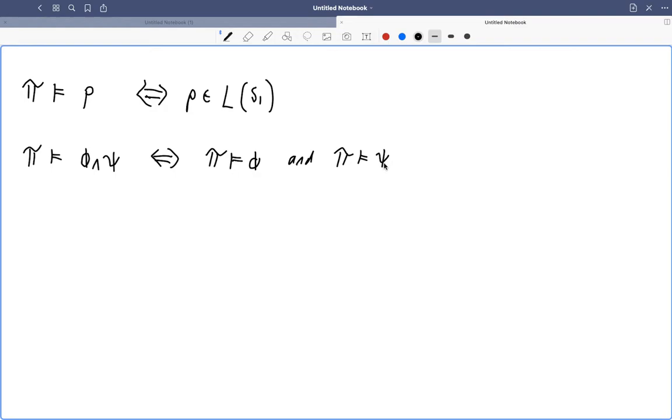So conjunction means what we expect. And I'm not going to go over all the other propositional connectives, and similar for the other propositional connectives.